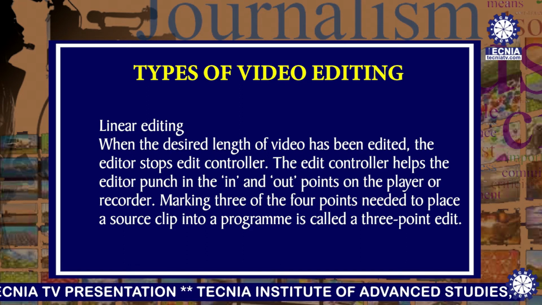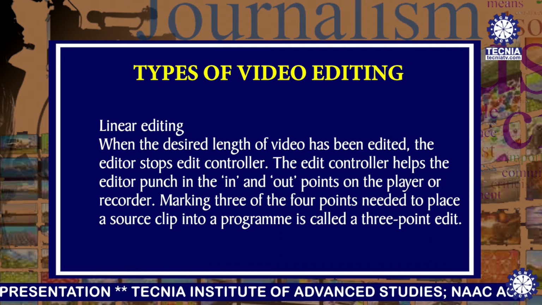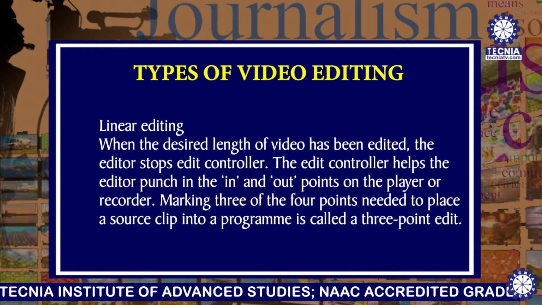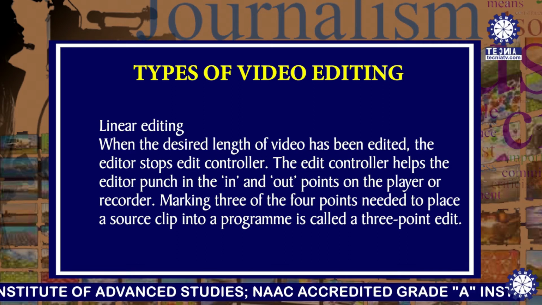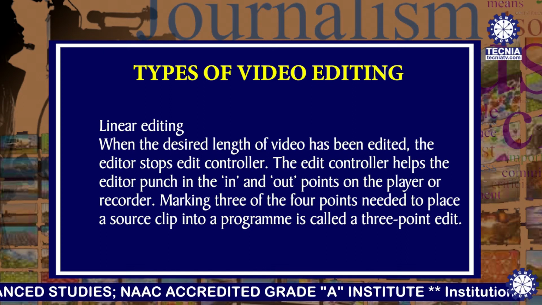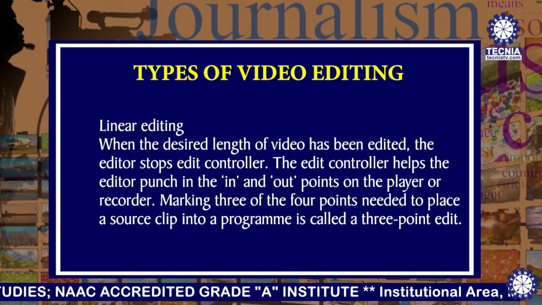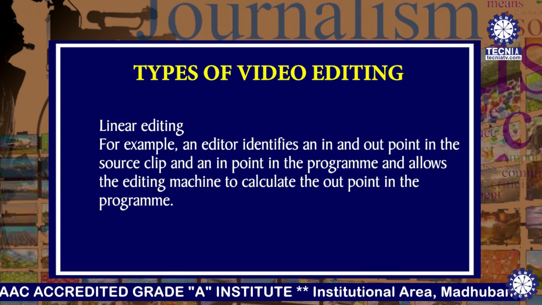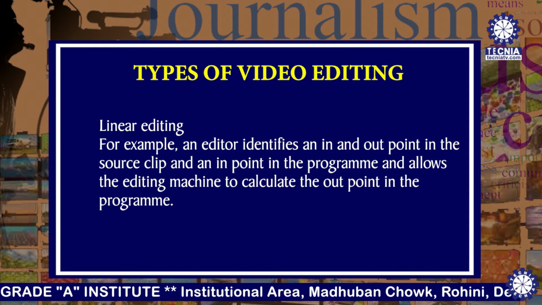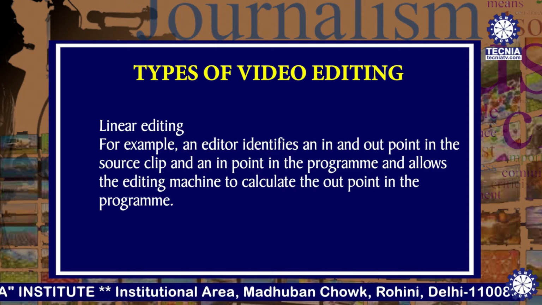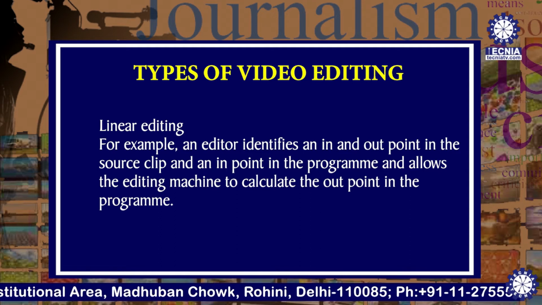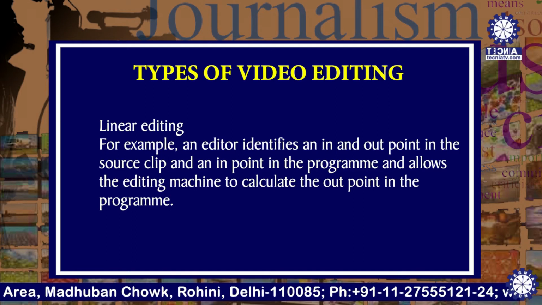The edit controller helps the editor punch in the in and out points on the player or recorder. Making 3 of the 4 points needed to place a source clip into a program is called a 3-point edit. For example, an editor identifies an in and out point in the source clip and an in point in the program and allows the editing machine to calculate the out point in the program.